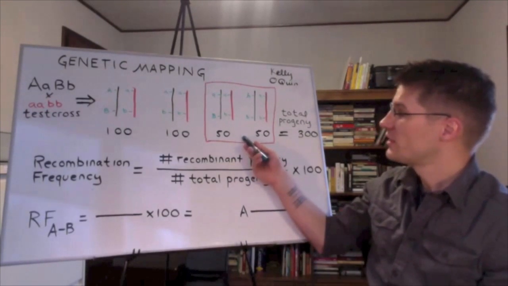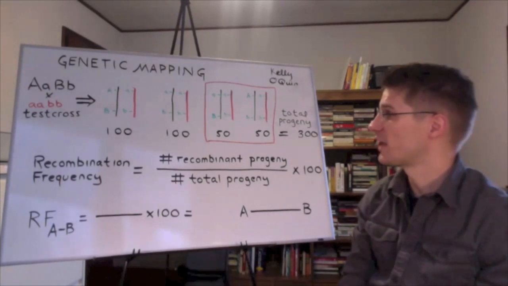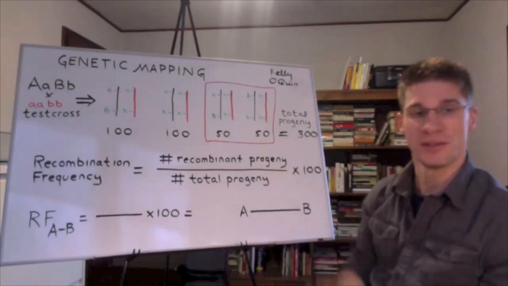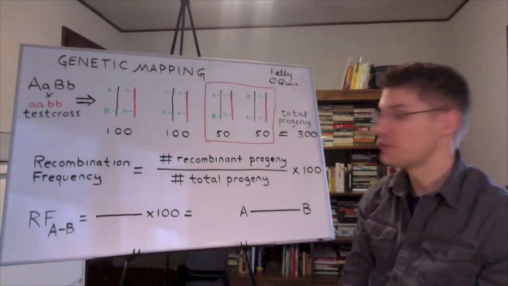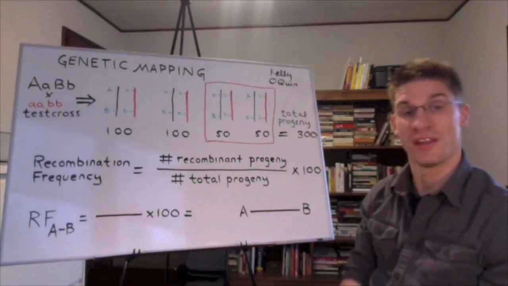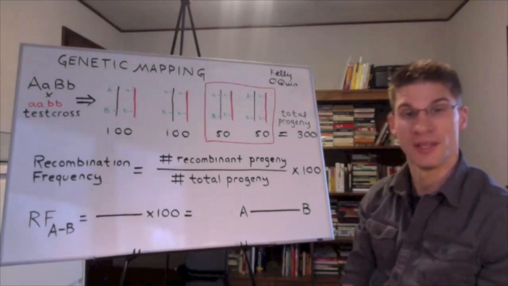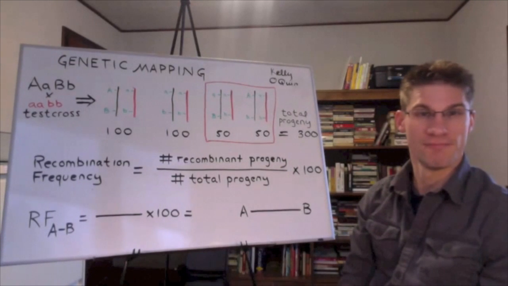And then I have several progeny that have inherited one of these recombinant chromosomes from the last board. 50 that have the little a, big B. Their total genotype is little a, big B, little b. And another 50 that inherited the other recombinant chromosome, big A, little b, little b, for a total of 300 progeny altogether.